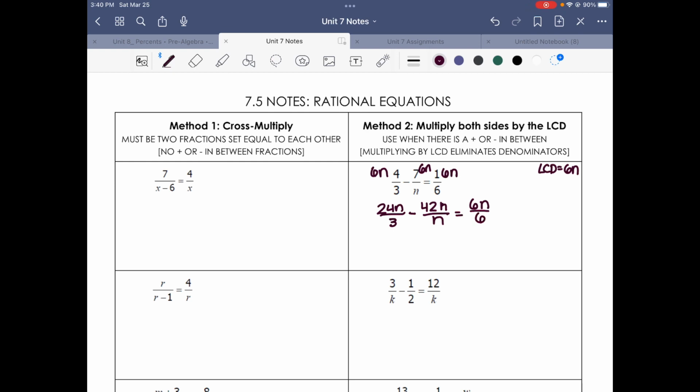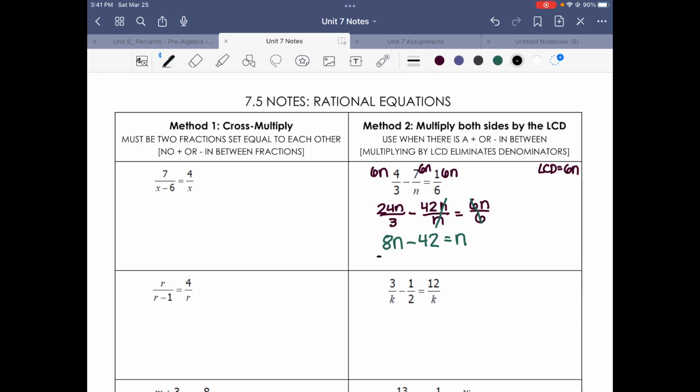The whole idea here is that if you have picked your LCD correctly, then 24n divided by 3 turns into 8n, 42n divided by n turns into 42, and 6n divided by 6 turns into n. And you just have a regular algebraic equation left to solve.